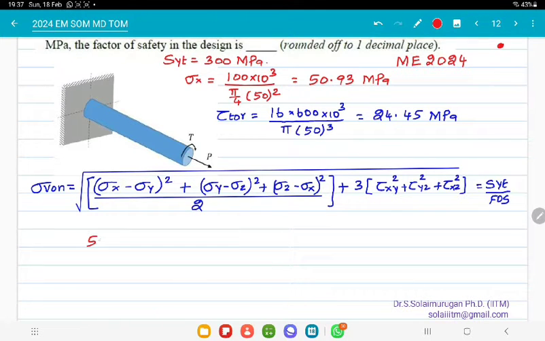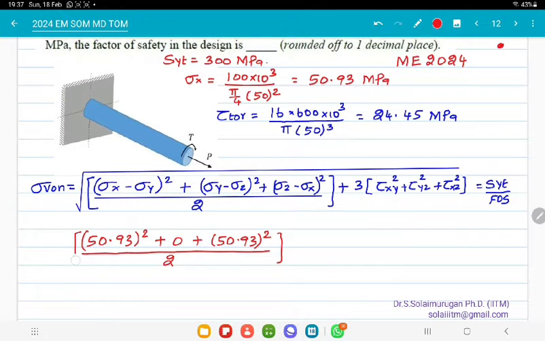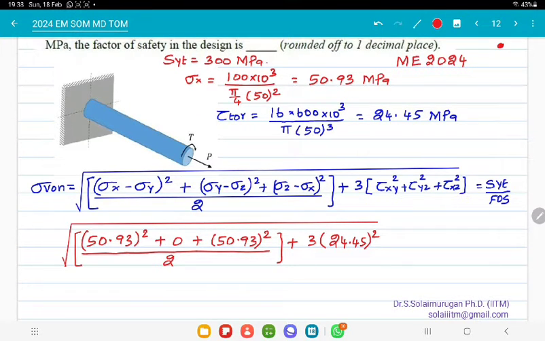50.93 square plus 0 plus again 50.93 square by 2, first part, plus second part 3 into 24.45 square, remaining things are 0, right, equal to 300 given, right, by FOS, factor of safety.